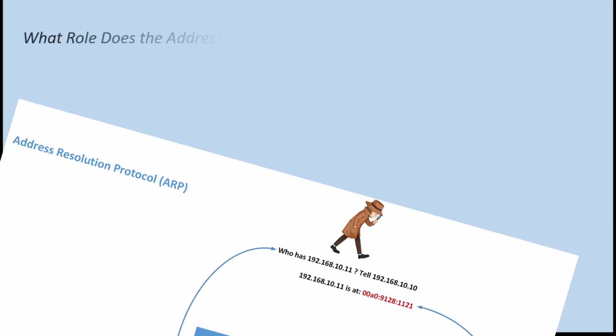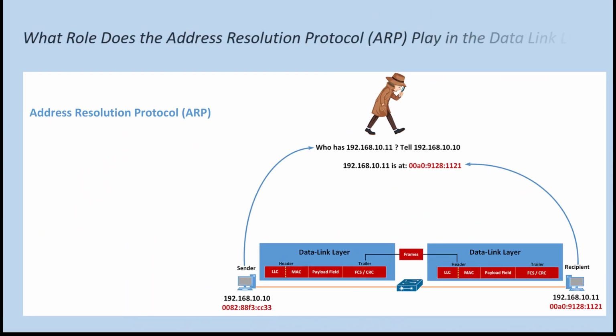What role does the Address Resolution Protocol, or ARP, play in the data link layer? Okay, my friend. Picture ARP as a digital detective in your local network neighborhood. Its job? Connecting IP addresses to MAC addresses.